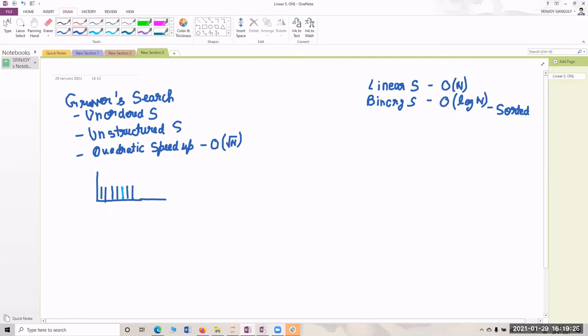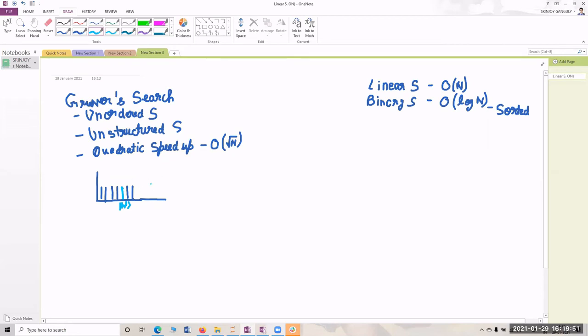So this blue item is your state W, or you can call it X star or anything. So this is your state W, which is the marked state. This is the marked item which you are searching for in an unstructured database. This is your unstructured database.